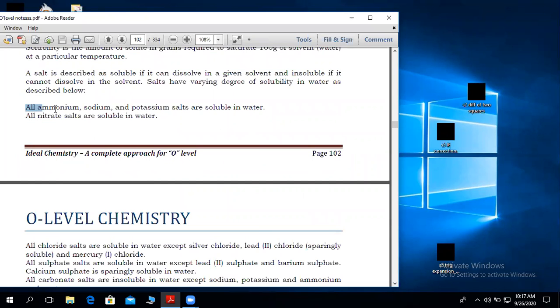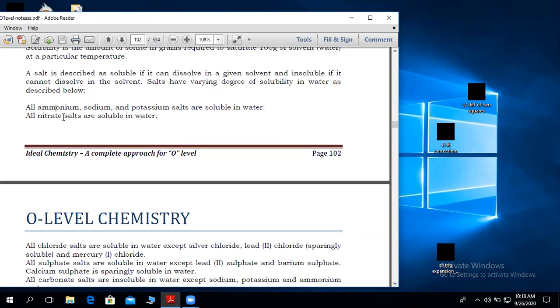We said all ammonium, I'm repeating, please, you must never forget. Any solute that has ammonium is soluble in water. Any solute that has sodium is soluble in water. Any solute that has potassium is soluble in water. So all ammonium, sodium, and potassium salts are soluble in water.